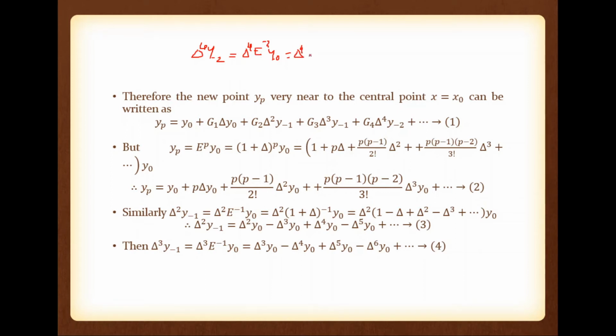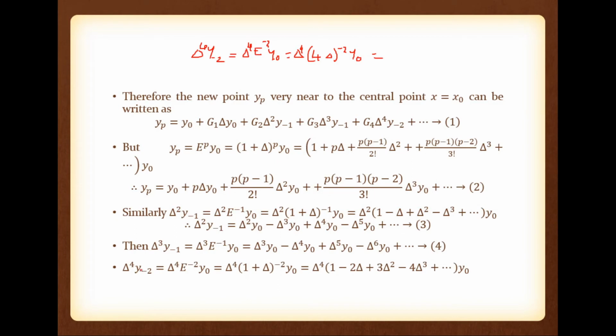What is e raised to minus 2? What is e? 1 plus delta all raised to minus 2 y0. So you can see that this is 1 plus delta raised to p, where p is minus 2. So you can replace p with minus 2. Is it okay?